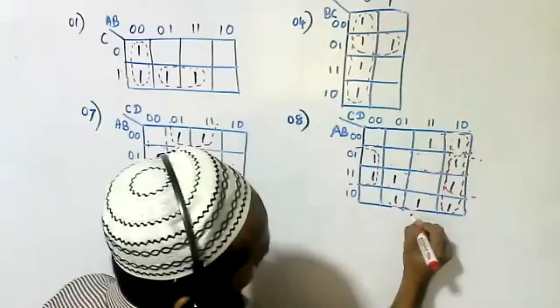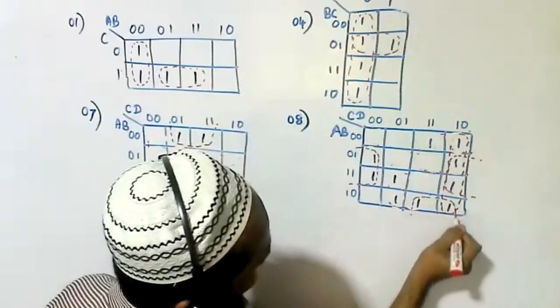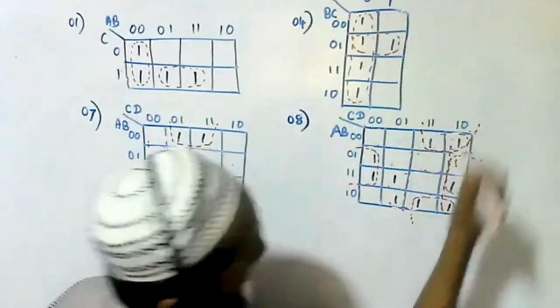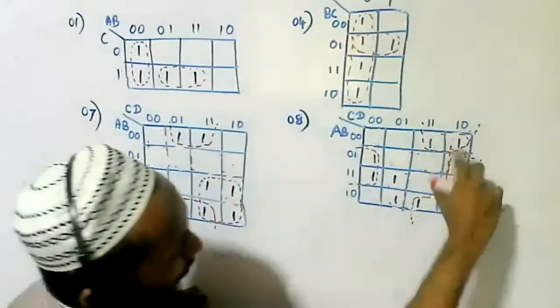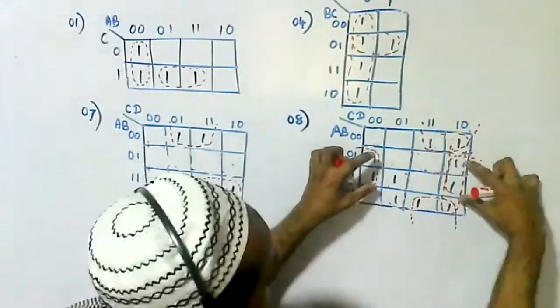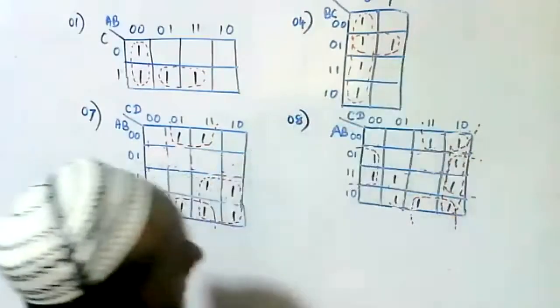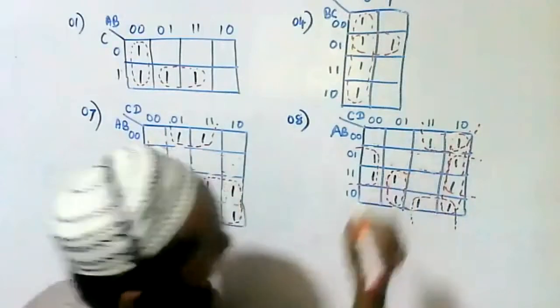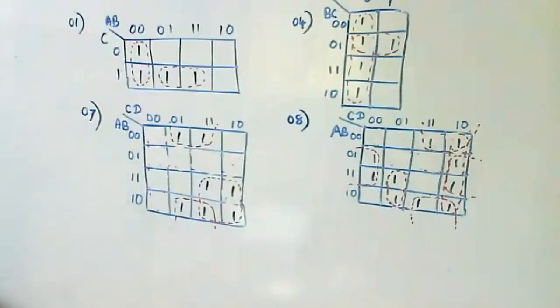And here also 4 ones like this. 3 groups. Okay, 4 ones, 4 ones, and 4 ones. 3 groups, and another 1 group is there. Altogether 4 groups. Those who got correct, please raise your hand, students.